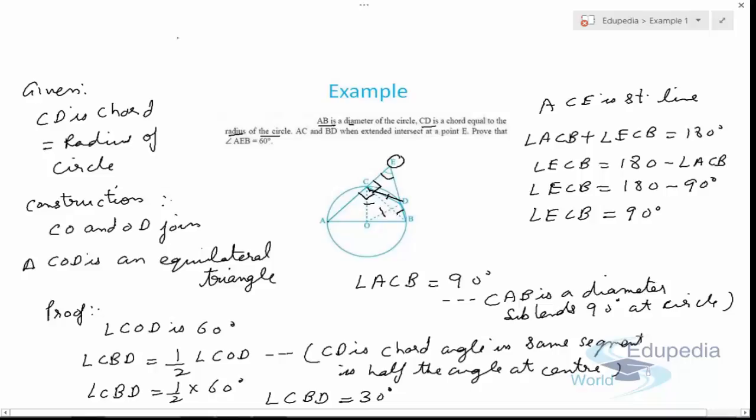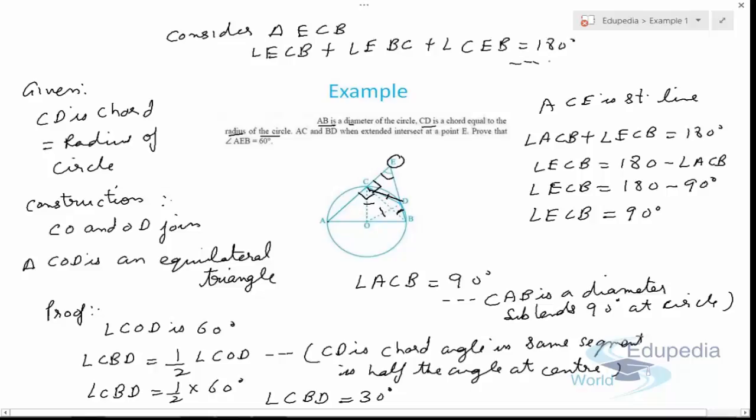Now if you consider triangle ECB, then in this triangle we can say that angle ECB plus angle EBC plus angle CEB will be equal to 180 degrees, by the angle sum property, right?